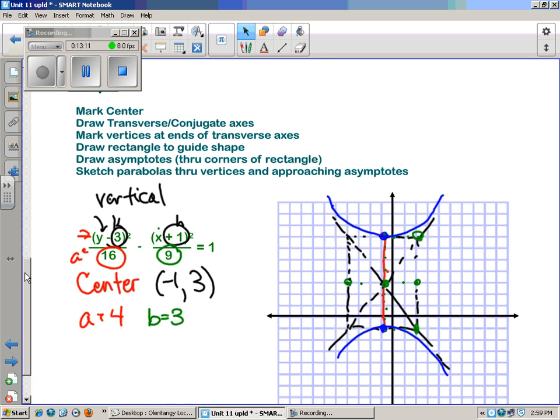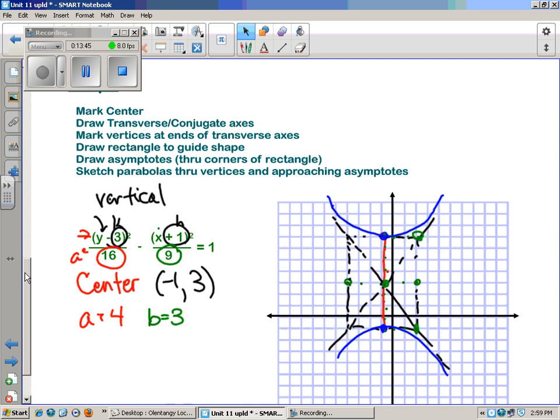So I marked the center. I counted up and down and left and right to see where the midpoints of my rectangle were. I drew in the rectangle. Then I drew my asymptotes through the corners of the rectangle. Then I sketched the hyperbola through the vertices, which were the ends of my transverse axis, so that it didn't quite touch the asymptotes.